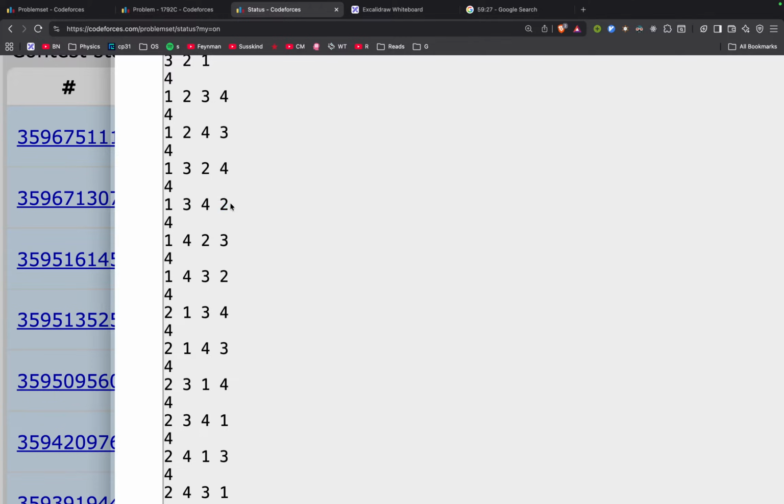Answer for this one would be 2. We'll do one operation for this and then one operation for this. Answer for this is 2. 2 and 3, no problem here. Answer for this also is 2.